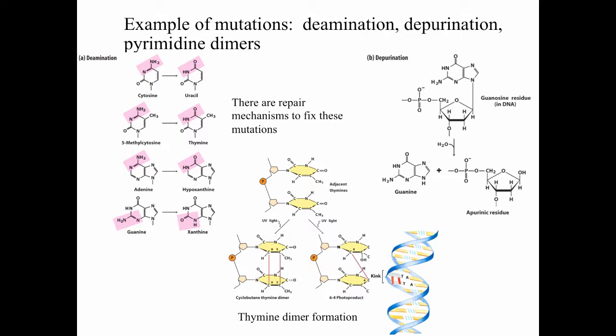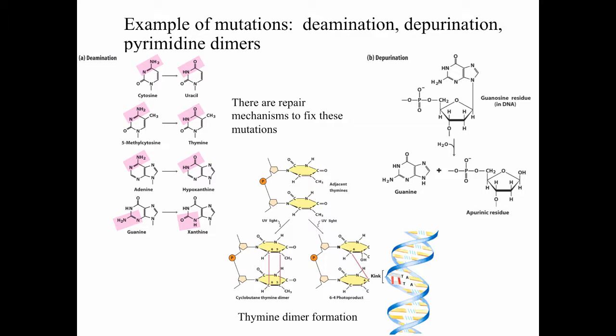Okay, so here's just an example of mutations. You can have deaminations. For example, cytosine bases can undergo deamination, where the amino group is replaced with a double bonded oxygen to make uracil.